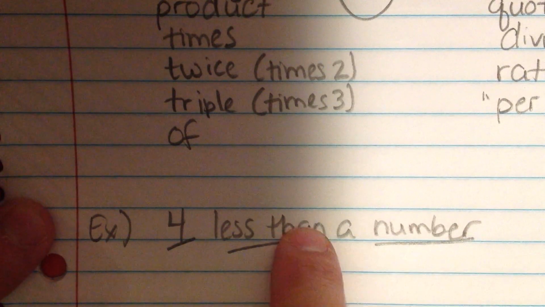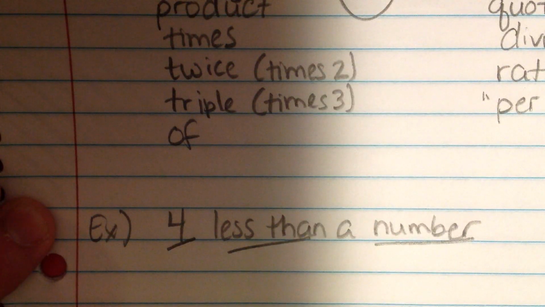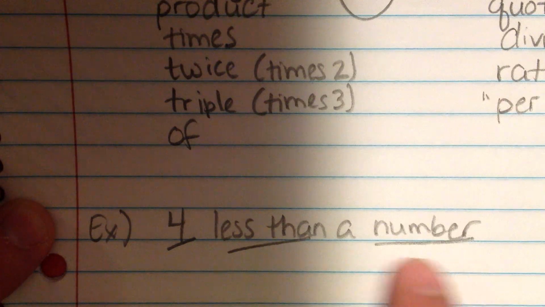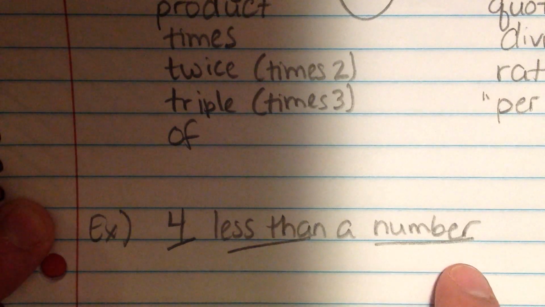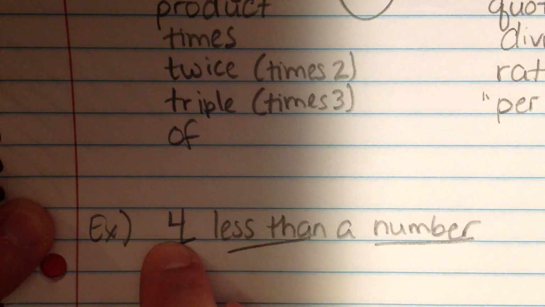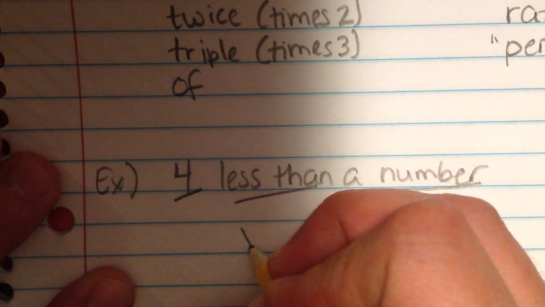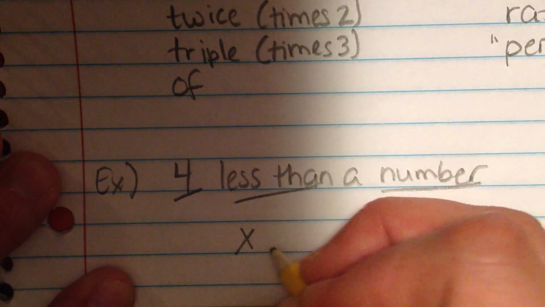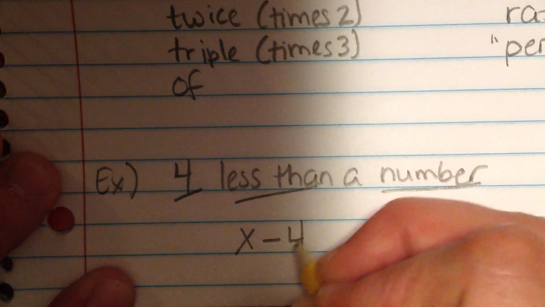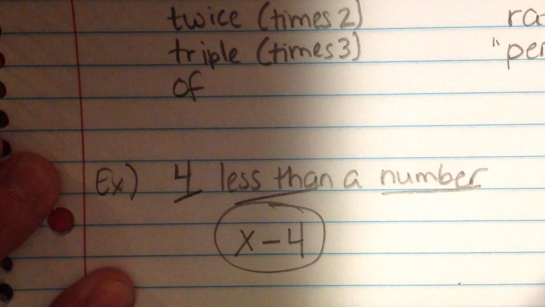Now the tricky part is less than, if you look up there, means subtract. When I say less than something, that means you start with the number, and then you have 4 less than that. We don't know what the number is, so we get to choose a letter. I'll just choose x. So in this case it's x, and then 4 less than x. So x minus 4. Again, order matters in subtraction.